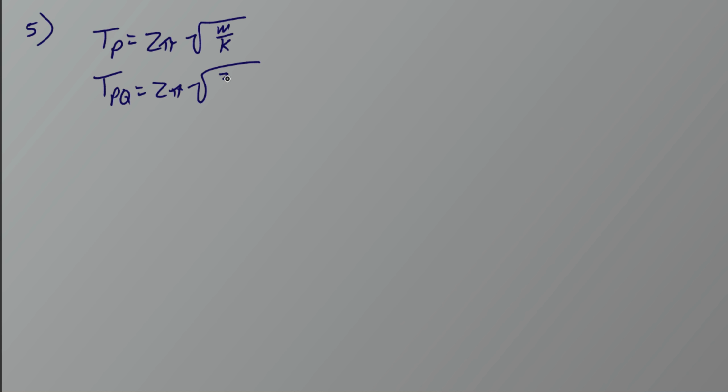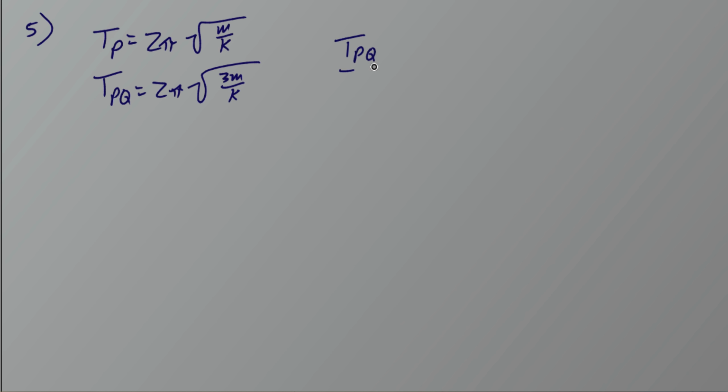Well, let's figure out the period first for T_P. 2 pi square root m over k is our formula for the period of that spring block oscillator. And for T_PQ, it's 2 pi square root, now we have 3m over k. Spring constant stays the same. We've got the same spring. So there's our model.